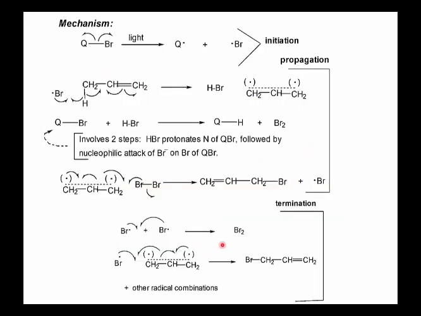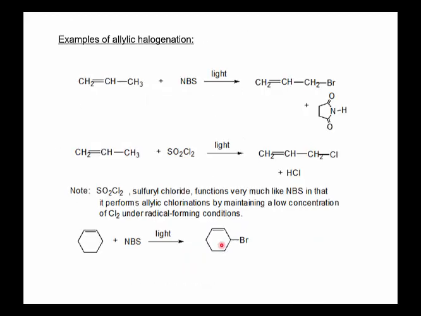Now, let me illustrate what's going on here mechanistically with respect to the allylic halogenating reagents. Let me use N-bromosuccinimide, the allylic brominating agent, for illustration. The allylic chlorinating agent works in a similar fashion.